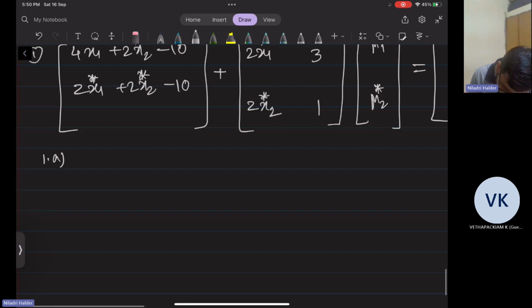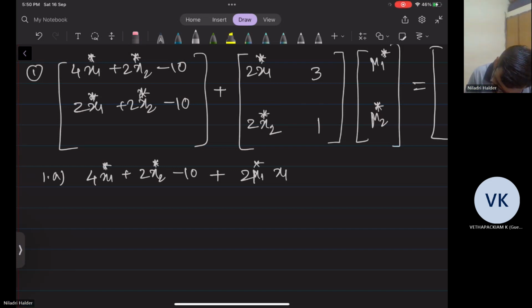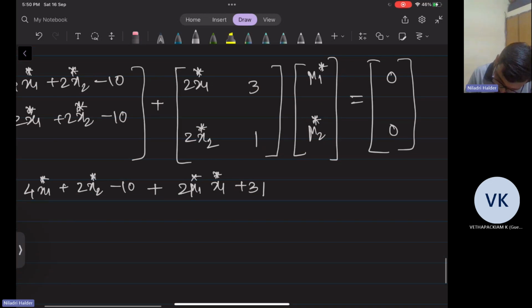1a: 4x1 star plus 2x2 star minus 10 plus 2 mu1 star x1 star plus 3 mu2 star is equal to 0.